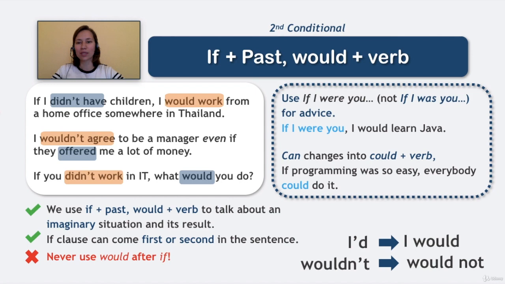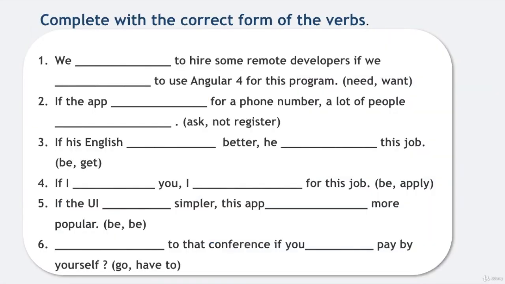Let's move on to an exercise. You have 6 sentences and you have to fill in the gaps. Feel free to pause the video after each sentence when you need more time to think. So, sentence number 1.